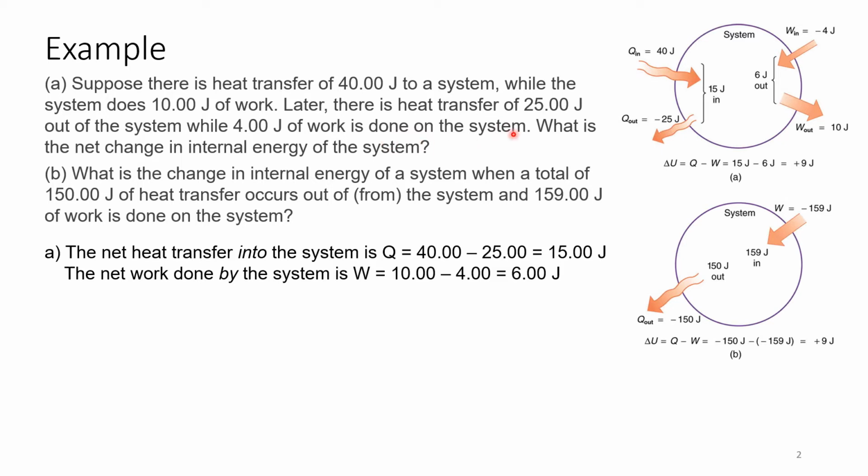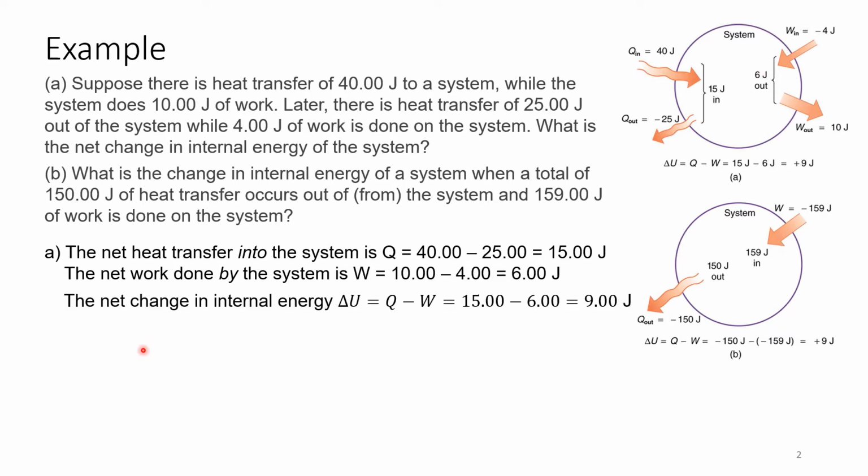When it's done on the system, we use a minus sign, and we get the total work is 6.00 joule. Then, according to the first law of thermodynamics, the net change in internal energy delta U equals Q minus W. We get 15.00 minus 6.00, and we have 9.00 joule.